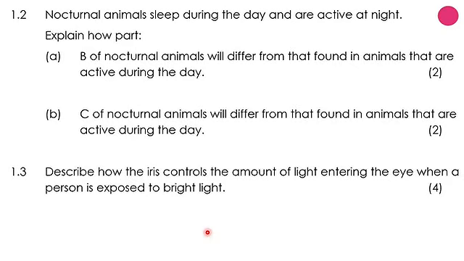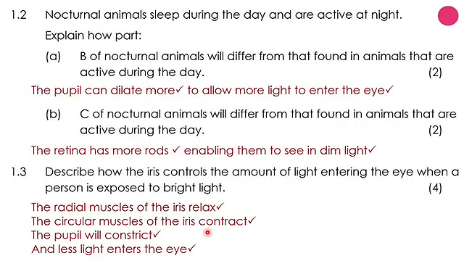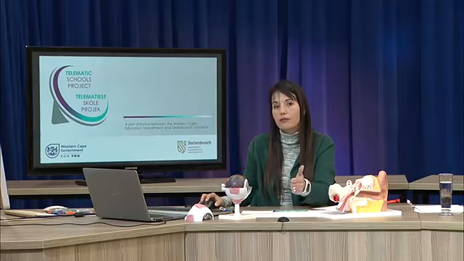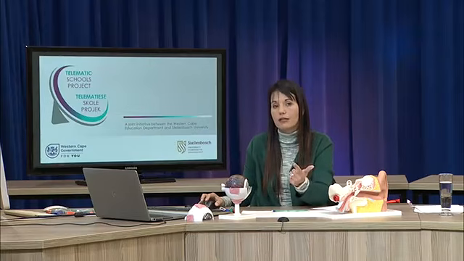I'm going to skip this section of the work because we've got a lot of work that we need to do. I just quickly want to have a look at question 1.3. They say, describe how the iris controls the amount of light entering the eye when a person is exposed to bright light. Now, I remind you of the two very important sections of the work, the pupillary mechanism and accommodation.